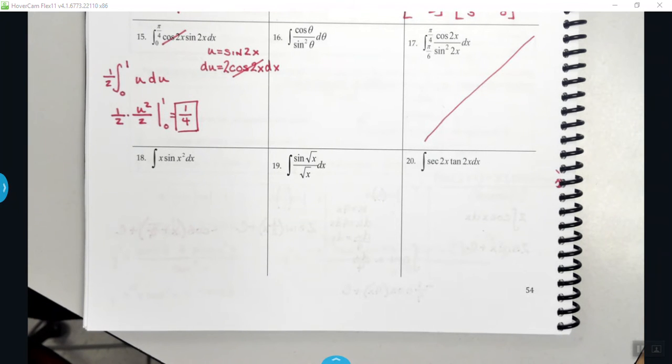It could be cosine times cosecant squared, but I don't think that works, because then it would be multiplication and I don't have reverse product rule until you get to unit 7. So we can't do anything that's multiplied together. Any other ideas? Anybody?